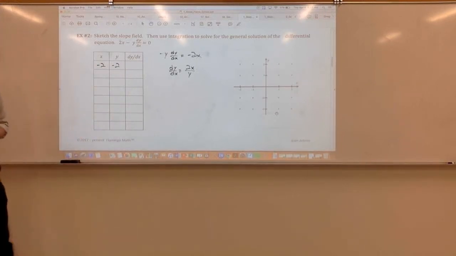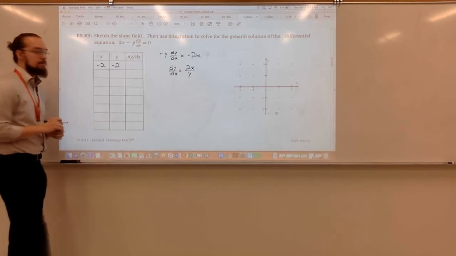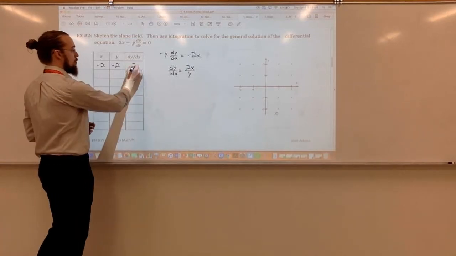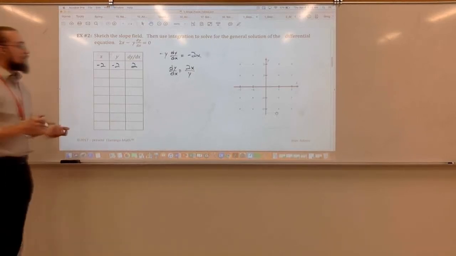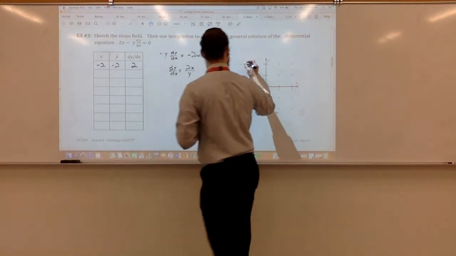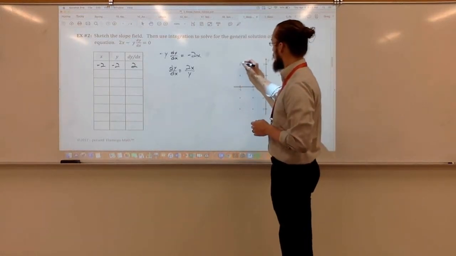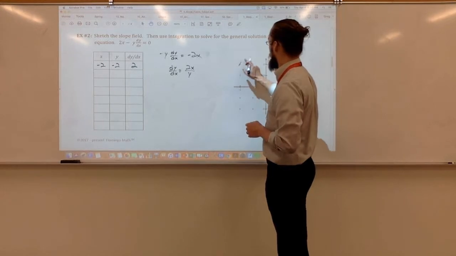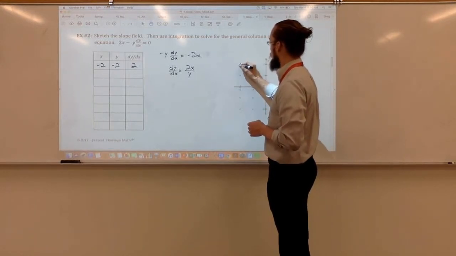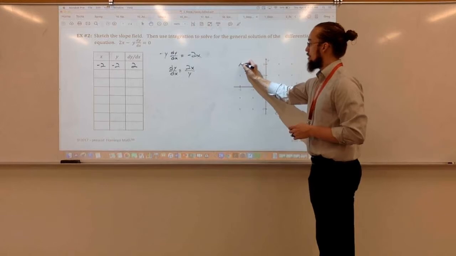What do we get? 4 divided by negative 2. So the slope of negative 2. So we can sketch that in here.